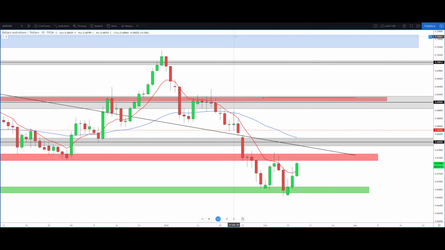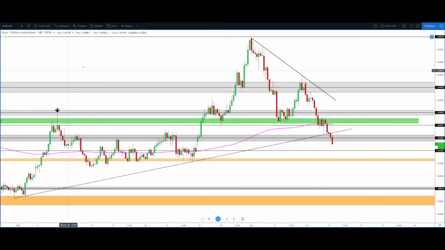And talking about the Australian dollar, we can watch Euro Australian dollar, because we can see that the price today is giving us a huge bearish signal. We can see here that the price around the last day of 2019 reached here 1.5960, failed to go lower, and from this point started this bullish movement that in the last weeks and months bring the price to break several key levels before reaching here 1.66.